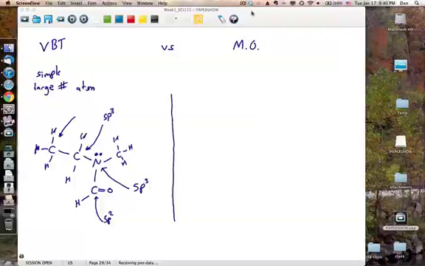Contrast that with molecular orbital theory. Molecular orbital theory is also quite useful, but it has the advantage that it's actually a little more accurate description of what's going on. The difference is that valence bond theory assumes that the individual atoms pretty much stay the same. Molecular orbital theory works under the assumption that all of the electrons are distributed across the entire molecule.